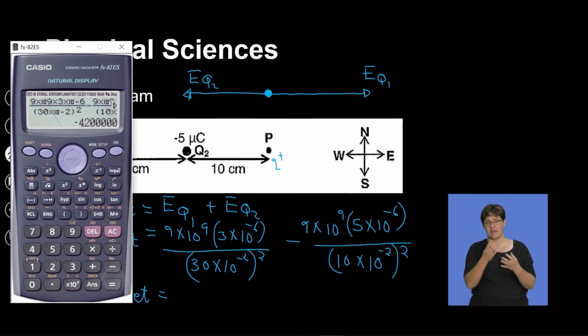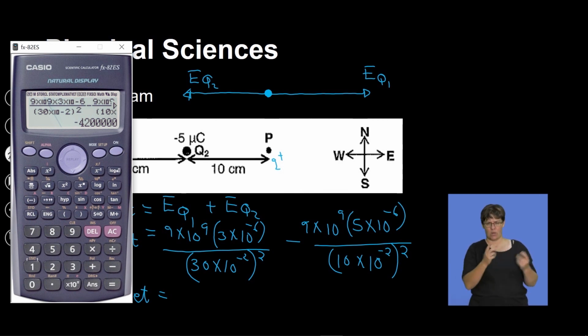So this gives us the value of our E due to those two point charges at point P. So this is negative, and negative says it's actually west in terms of direction. Because we said that if towards P is east, which is positive, then if the answer is negative, our interpretation is that it's going to be westwards.